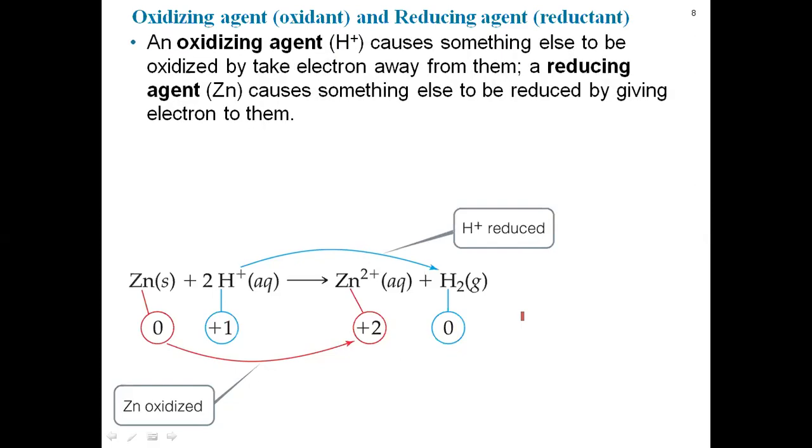Okay, now what you want to see in this slide, there's more concepts, which are the so-called agents, and in the homework we call them oxidant and reductant. An oxidizing agent, or oxidant, causes something else to be oxidized by taking electrons away from it.